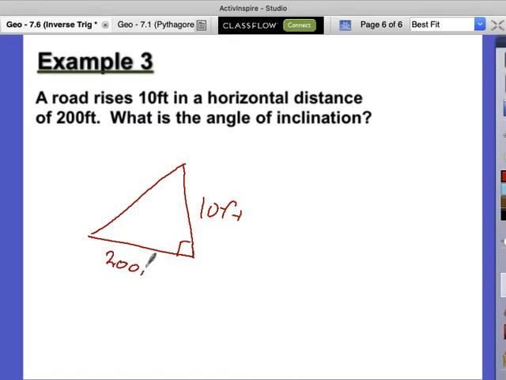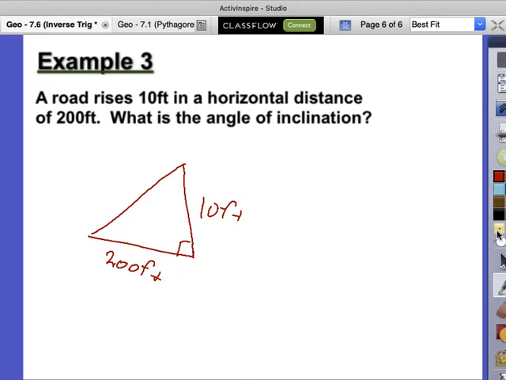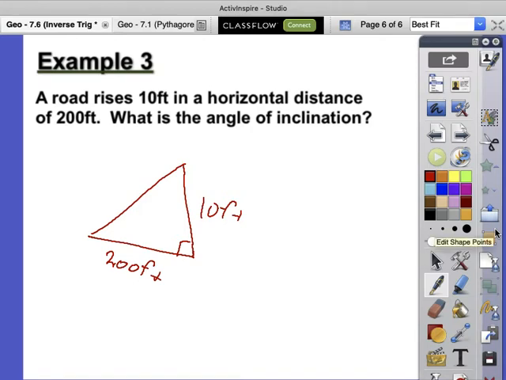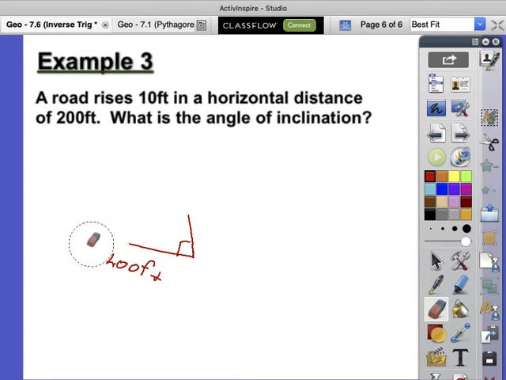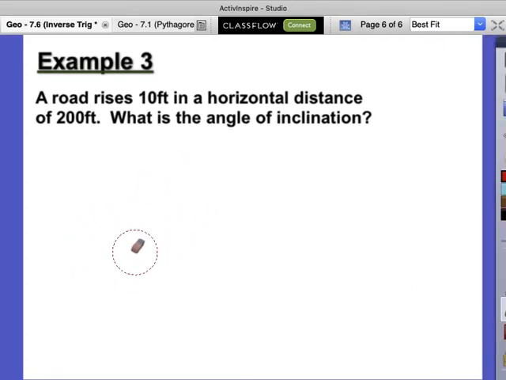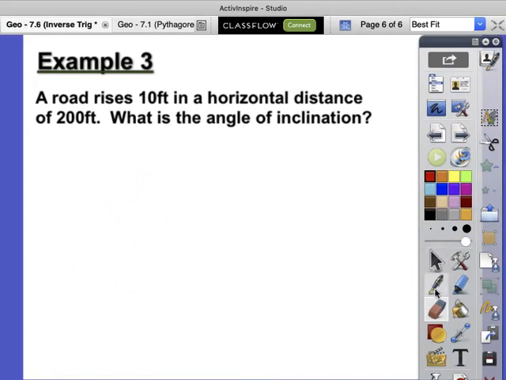That's 200 feet. You are not very good at drawing. Please redo that. Alright, round two.